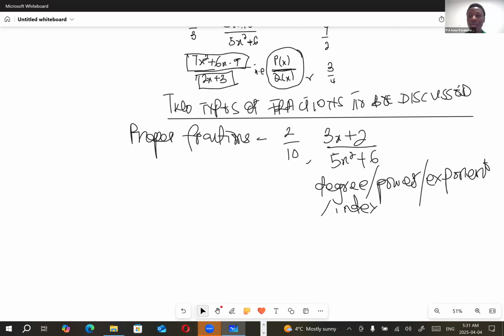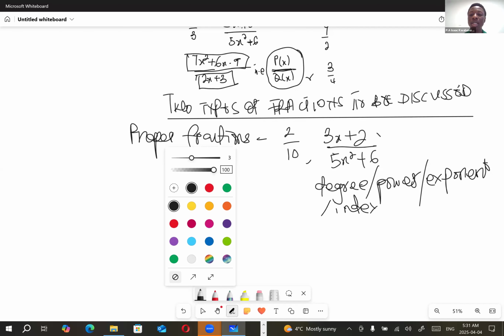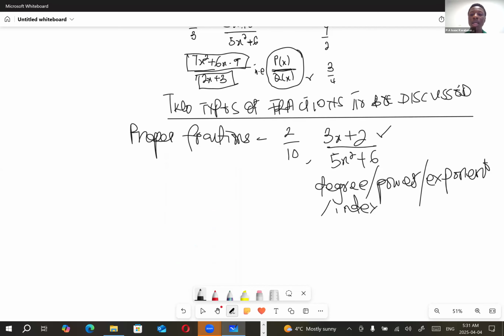Now if you study what's on your screen right now, let's consider the top, the numerator. It has a degree, right? The expression is 3x plus 2. What's the degree on x? 1.